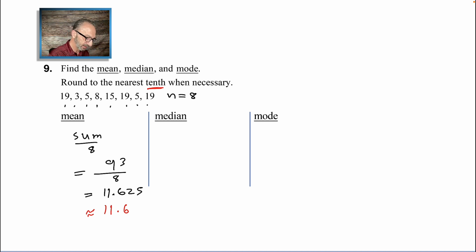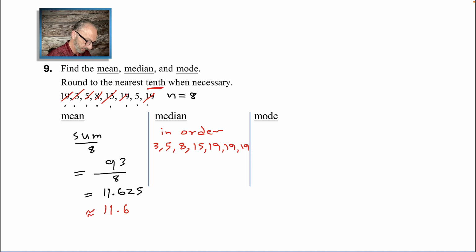For the median, we need to write the numbers in order. So the numbers in order will be 3 is the first one, 5, 8, then after 8 we have 15, then 19 three times, 19, 19, 19.